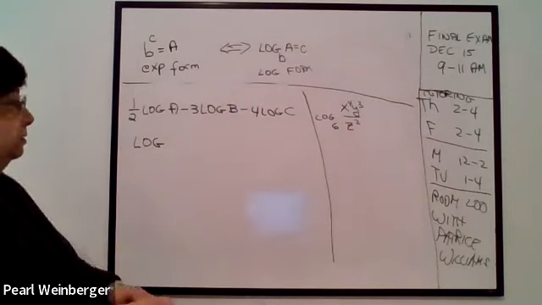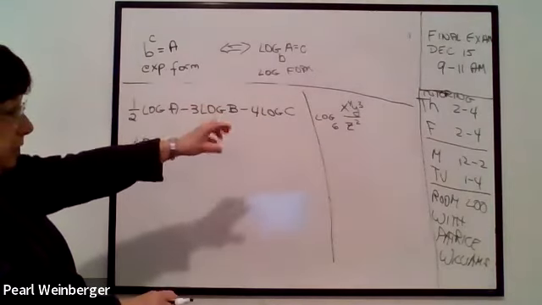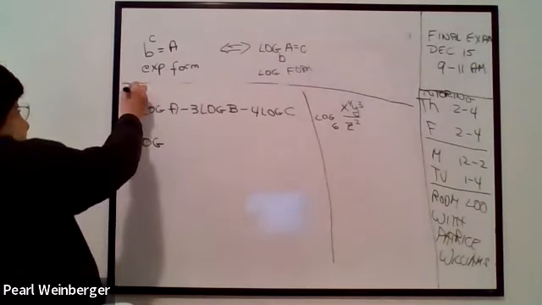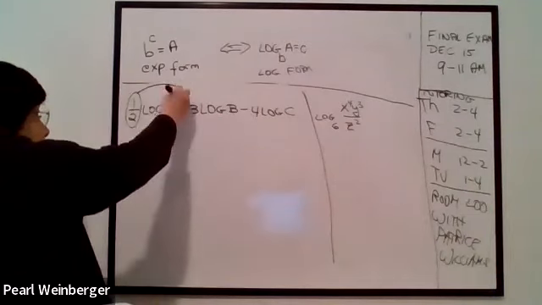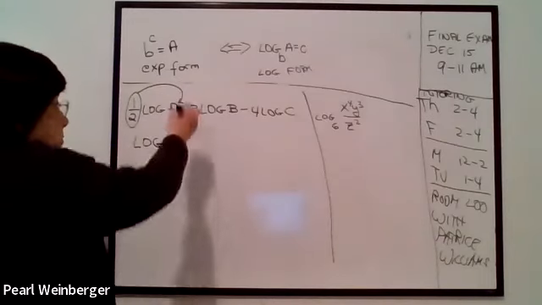Okay, let's work on this together. If you remember what I said, we're doing the opposite steps that we did before. We're going to take each of the coefficients and make them back into exponents.